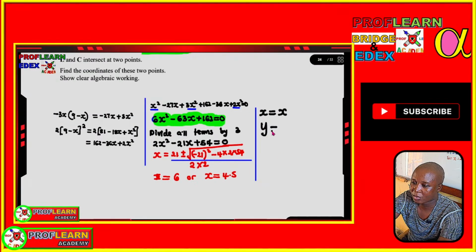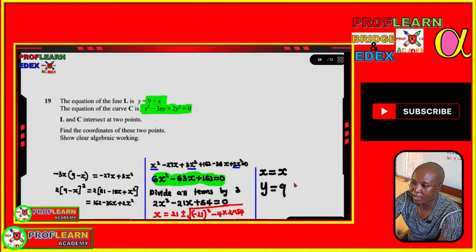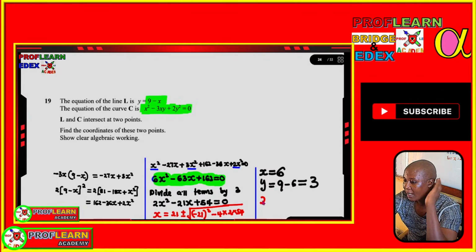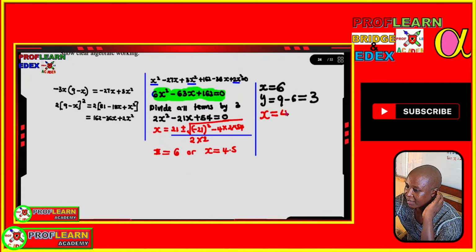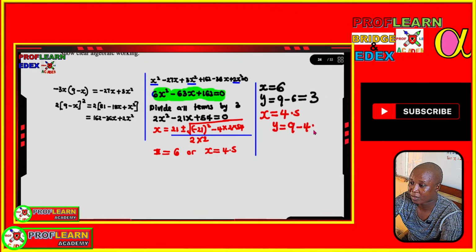When x is equal to 6, we find the value of y by saying 9 minus 6, and that is going to translate to 3. And also when x is equal to 4.5, we substitute it and say 9 minus 4.5, and that's going to translate to 4.5.